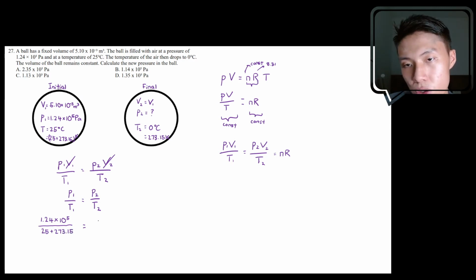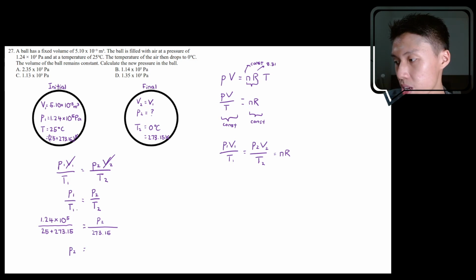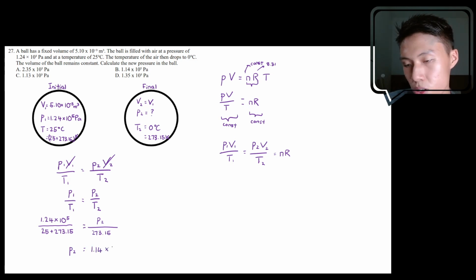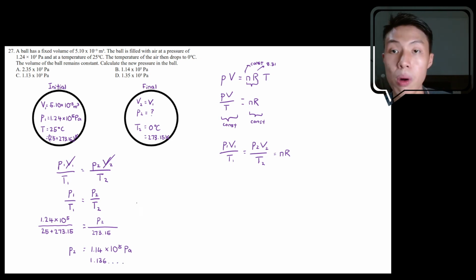We are asked to find the new pressure, and our new temperature is 273.15. If you use your calculator, you should get the new pressure to be 1.14 times 10 to the power of 5 Pascal. It's actually 1.136 and so on, but if you round it up, you get 1.14. That's why the answer is 1.14.